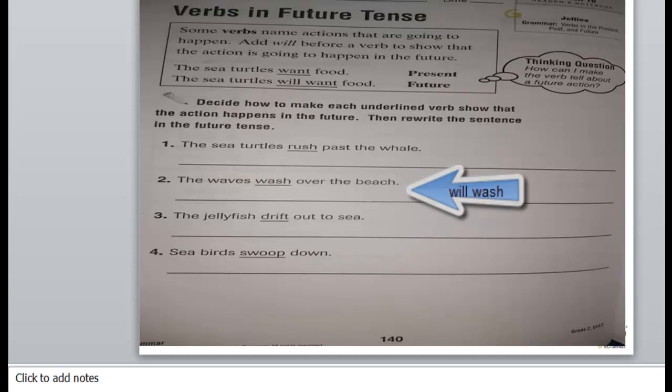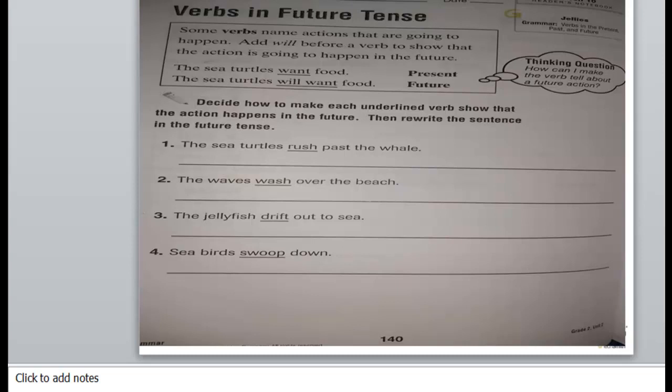Good, guys. So number 3, the jellyfish drift out to sea. Where is the verb? Yeah, the underlined one. Bravo. Okay, so drift here, present or past or future? Present. Good, guys.